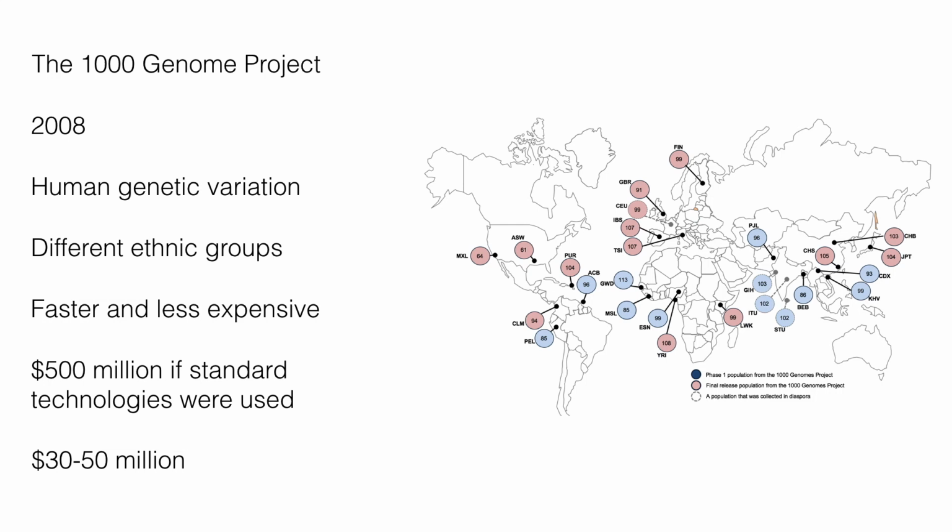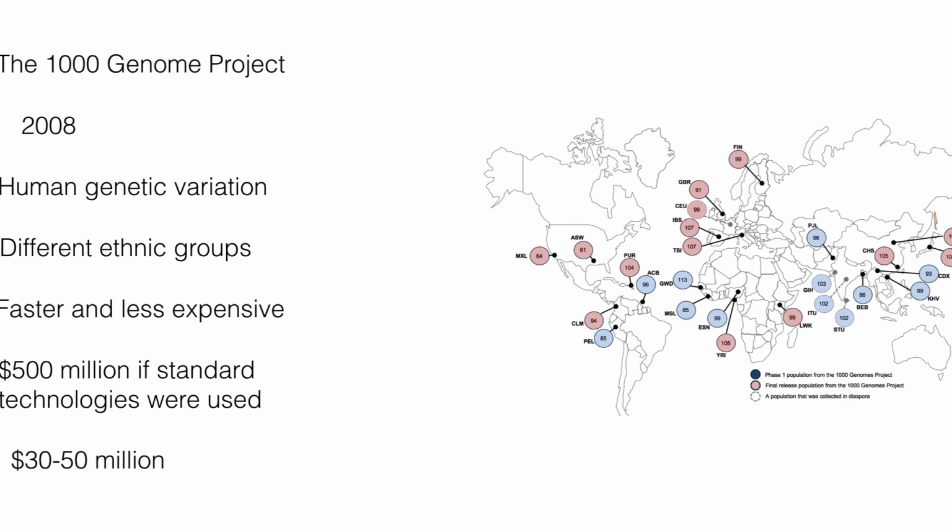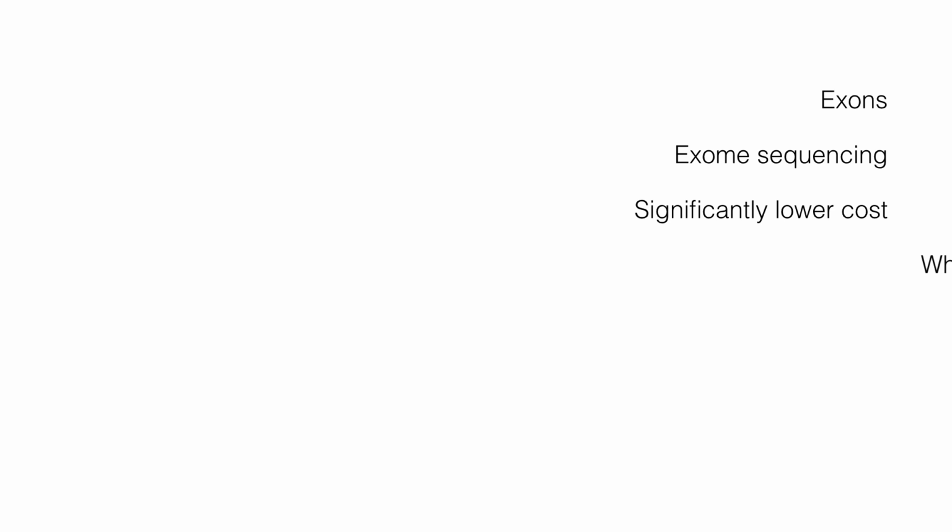Another way to obtain information for less money is to focus only on the exomes. Exome sequencing is a transitional technology that has an excellent chance of finding variants responsible for inherited conditions at significantly lower cost than whole genome sequencing. Whole exome sequencing is targeted to protein coding genes only.